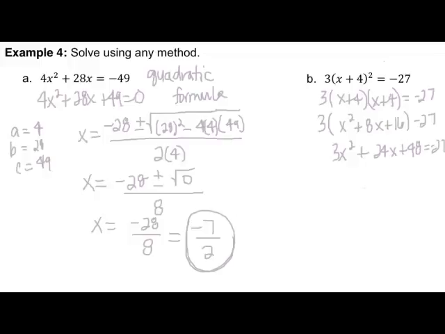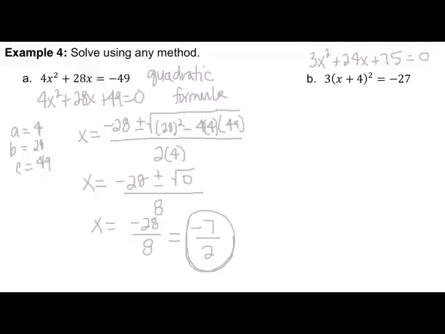And I'm going to add 27 to both sides. So 3x squared plus 24x, if I add 27, I'm adding on 75 equals 0. So in standard form, part B is this function right here.